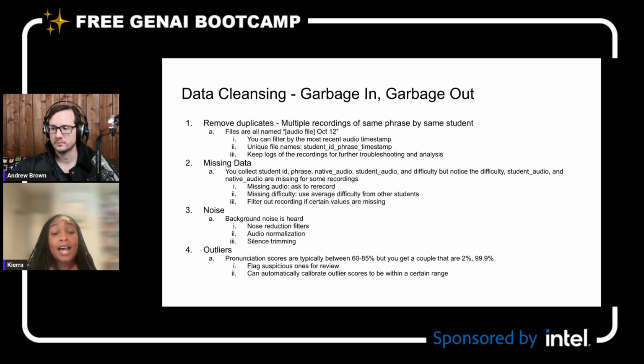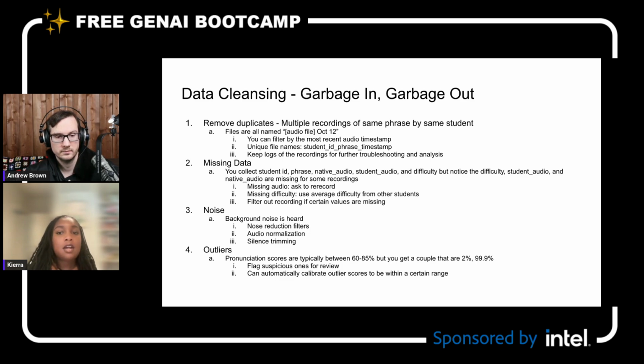Next, and last one, is your outliers. So let's say that there are some pronunciation scores and they're typically between 60 and 85%, but you get a couple where one is really high and one really low, 2% and 99.9%. So you can either flag those suspicious ones for review, and have someone manually go in and listen themselves and determine if the scores make sense, or you can automatically calibrate those scores to be within that certain range.